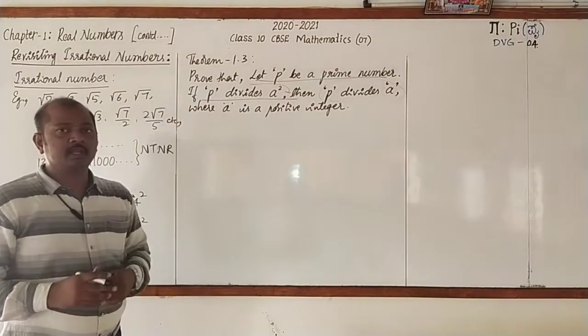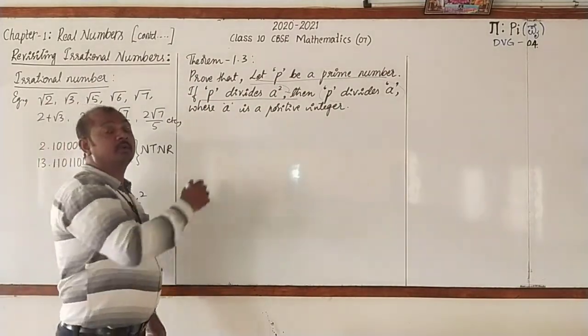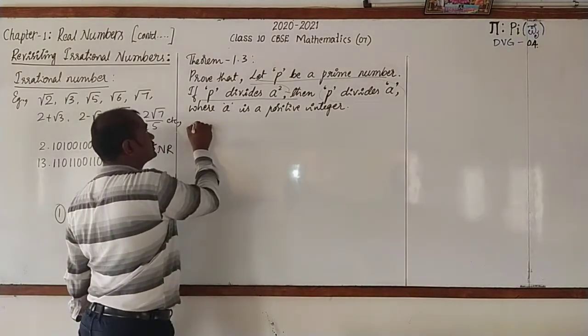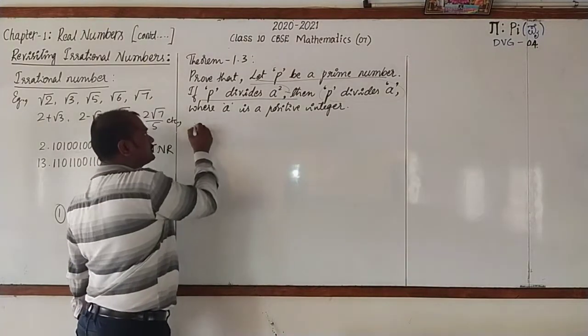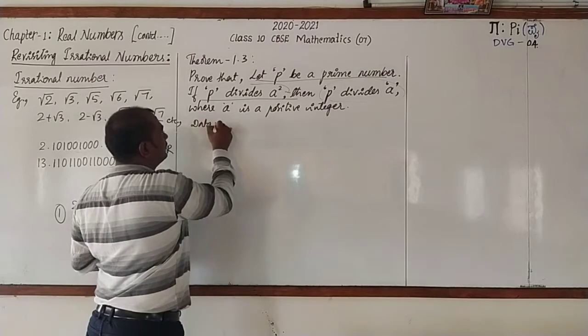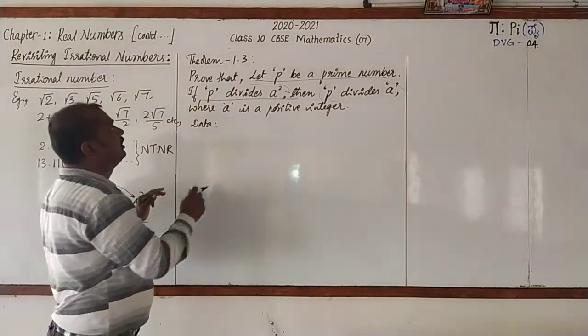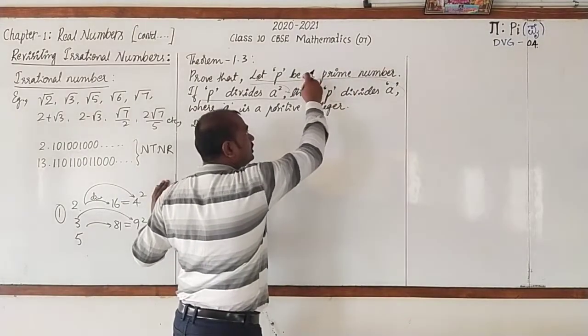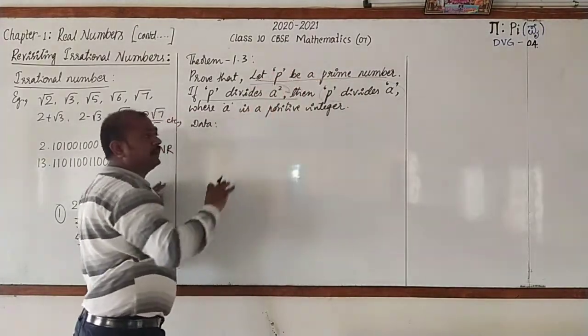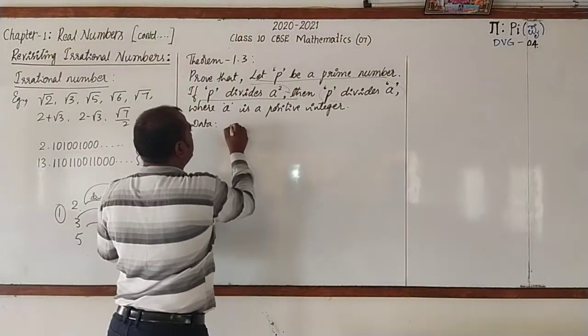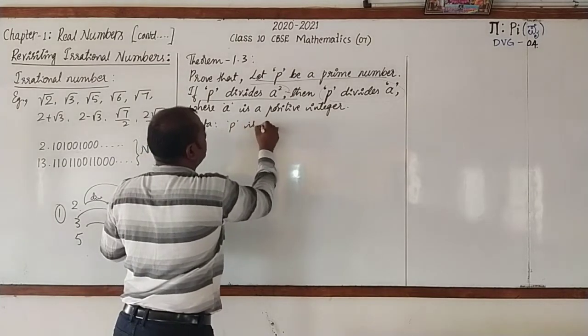So to prove this theorem, we have certain definite steps, a series of steps. Let us go for them. First, I write the given information. What has been given? Look here. It won't have been given explicitly. You can assume p as a prime number. Here I'll write p is a prime number.